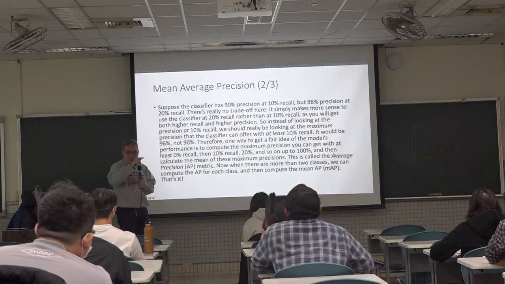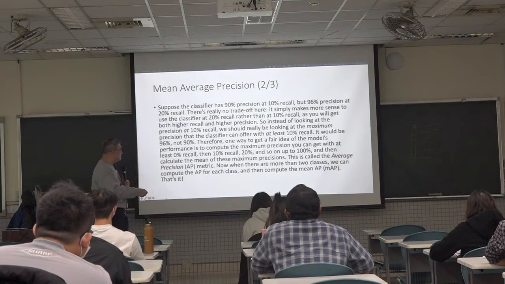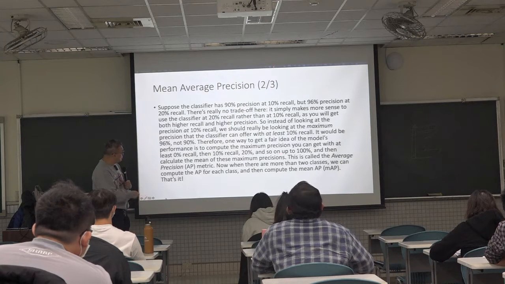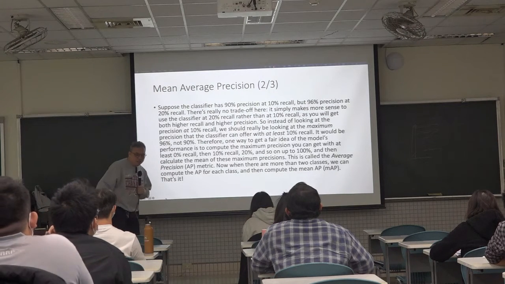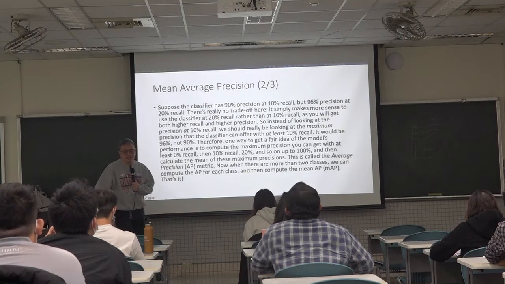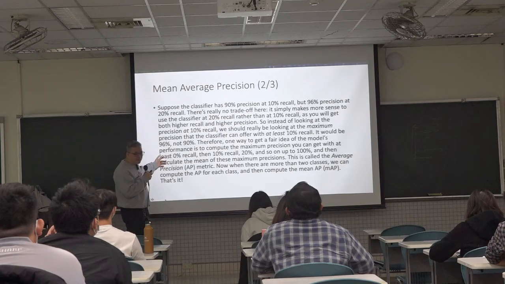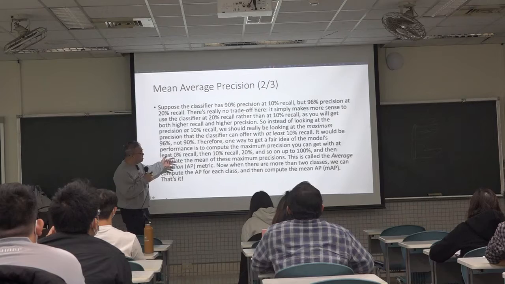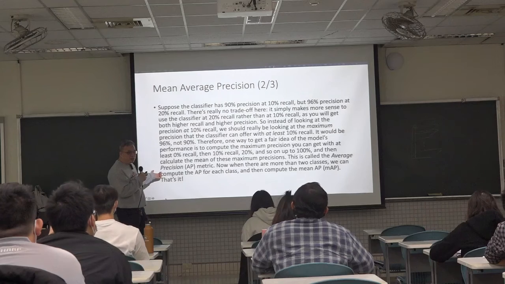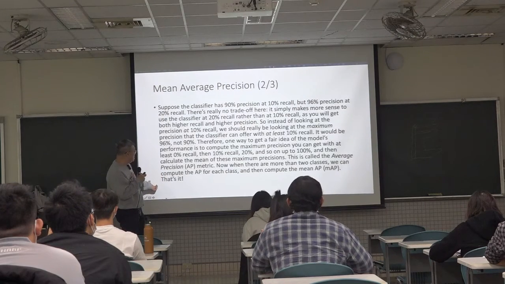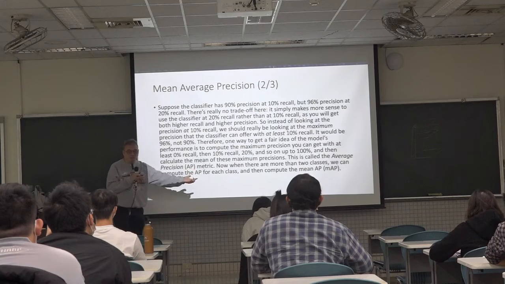There's still one mean that we haven't considered. When there are more than two classes, you can do this for one class at a time. Say you are classifying 3 classes, then you will have this average precision for each class, and then you can again get the mean of these average precisions. That will be your mean average precision.